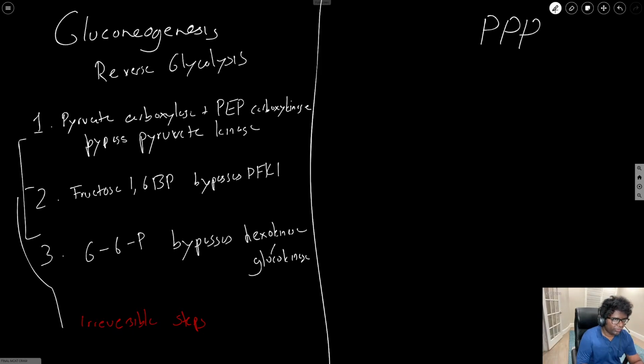Now, I gave a lot of space for the pentose phosphate pathway, but I don't think there's a lot we can talk about. Just know that it occurs in the cytoplasm. It uses peroxisomes.